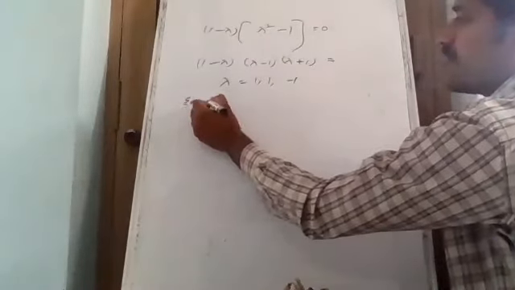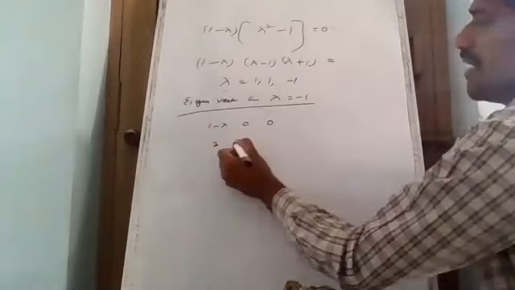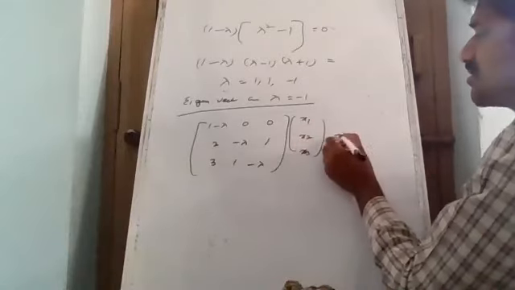What is equation number 1? Equation number 1 is [1 minus lambda, 0, 0; 2, minus lambda, 1; 3, 1, minus lambda] into x1, x2, x3 is equal to 0.